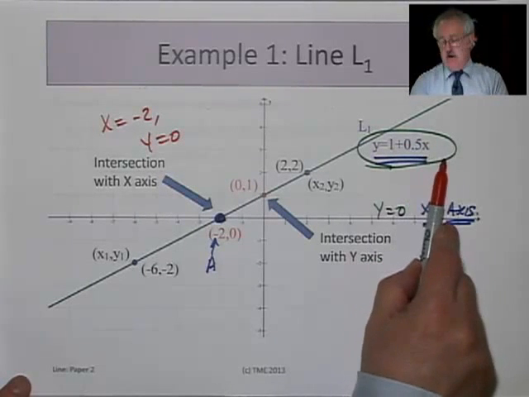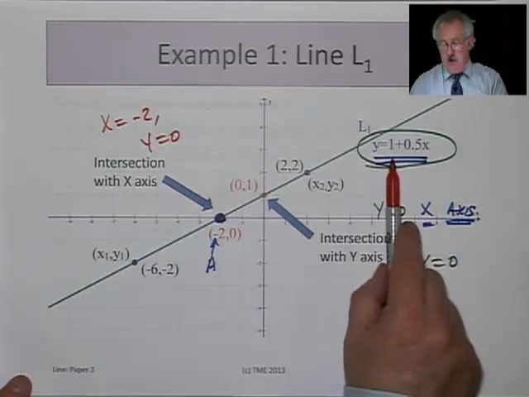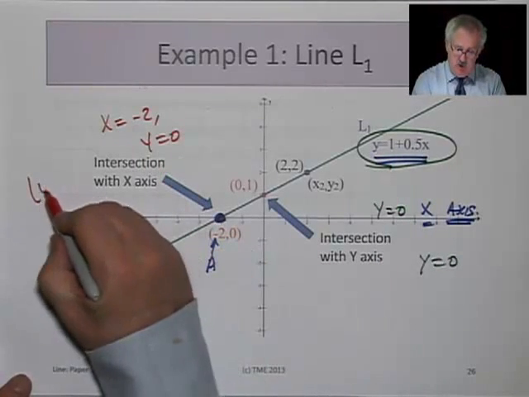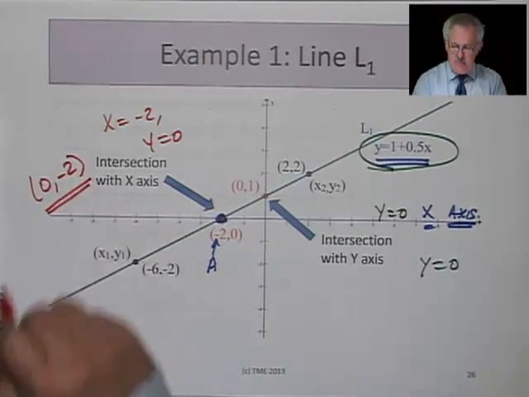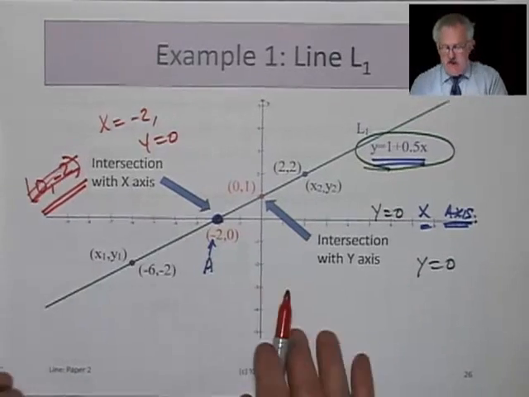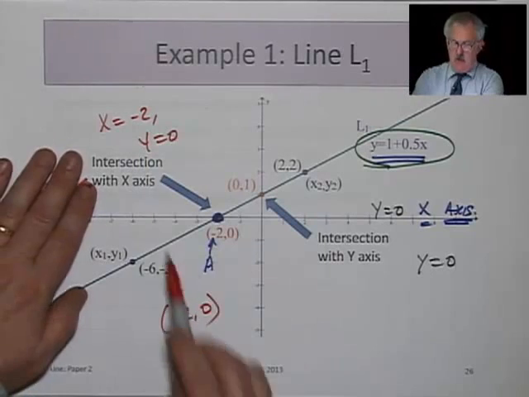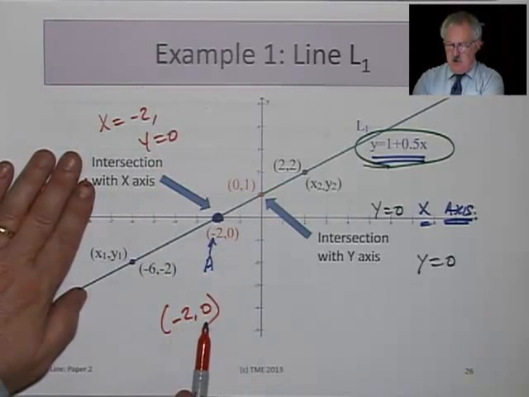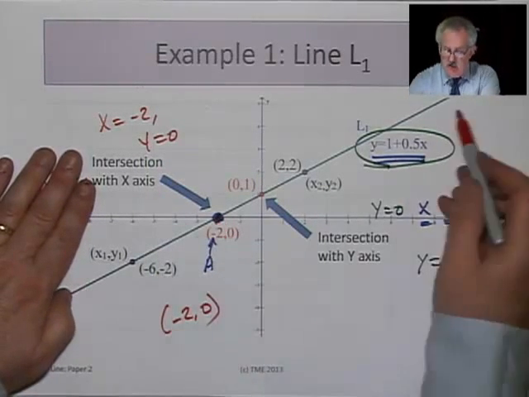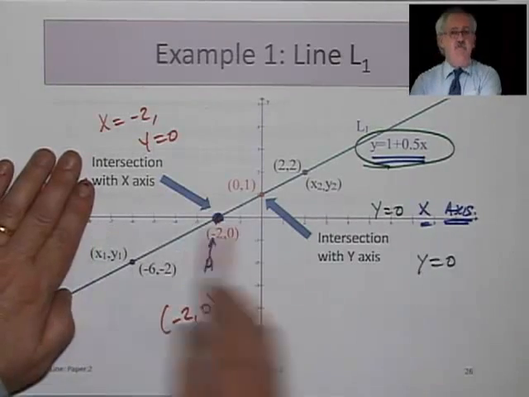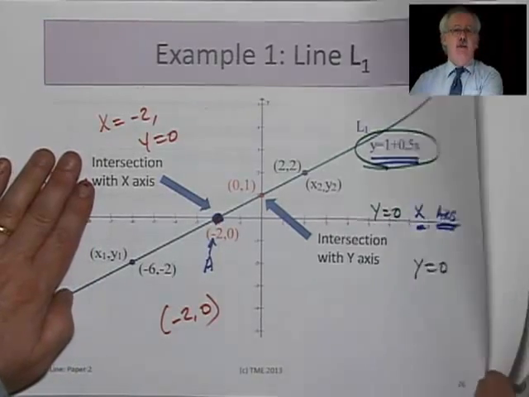Half of minus 2 is minus 1. 1 minus 1 is naught. Y is naught. The point, sorry, minus 2, naught. So we look at the x first. The point minus 2, naught satisfies the line and the x-axis. Is that okay?